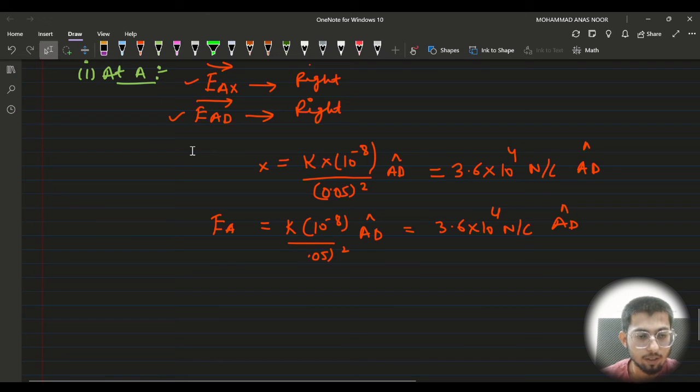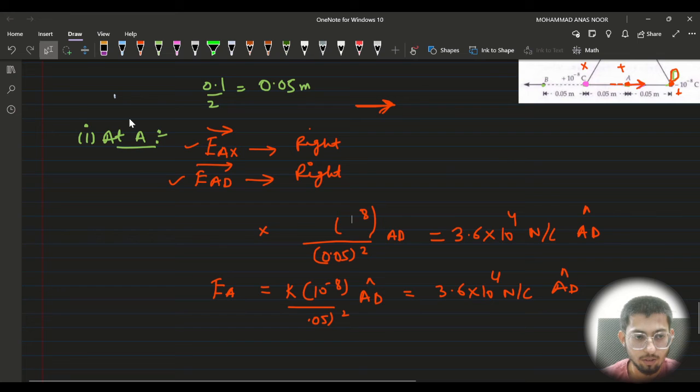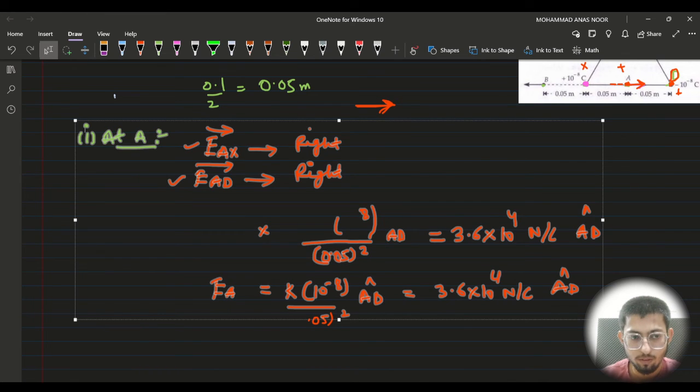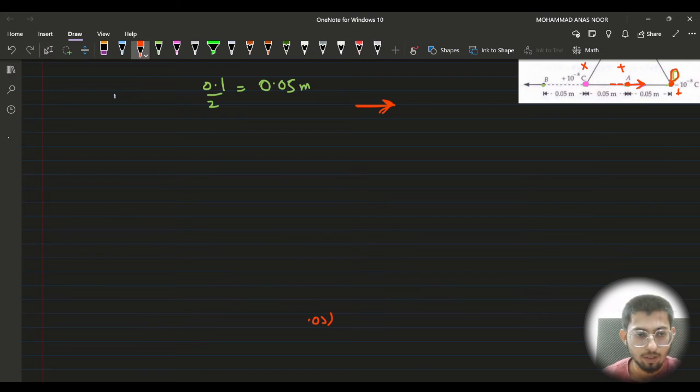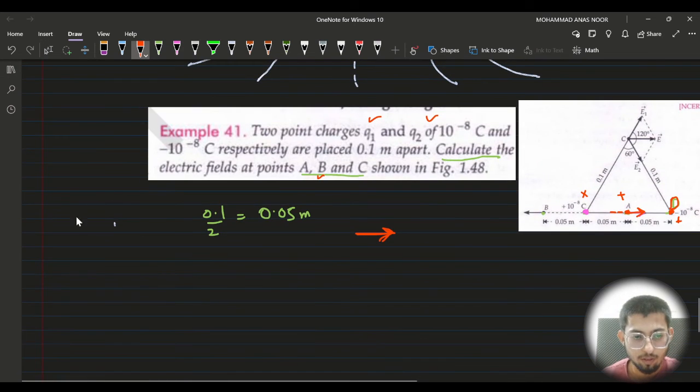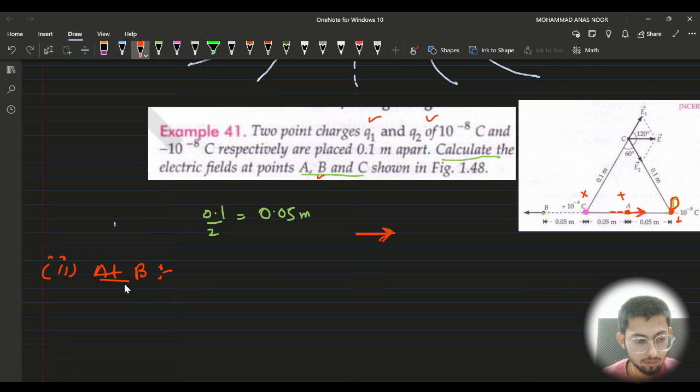Okay, so for second part, we want to find electric field at B, sorry, not A, B rather. Correct?